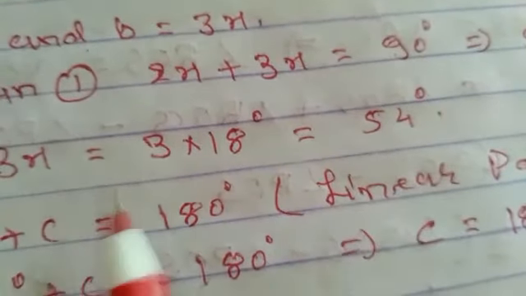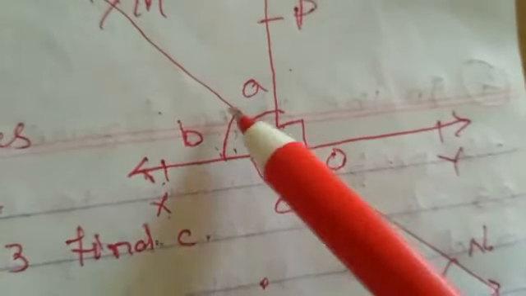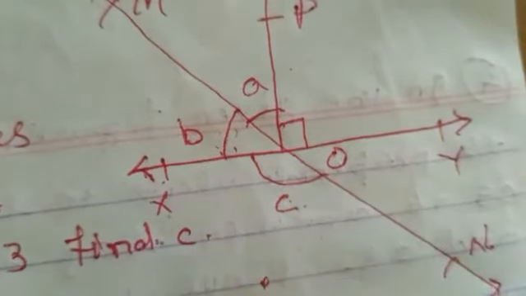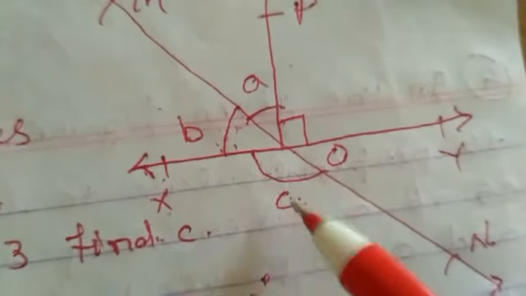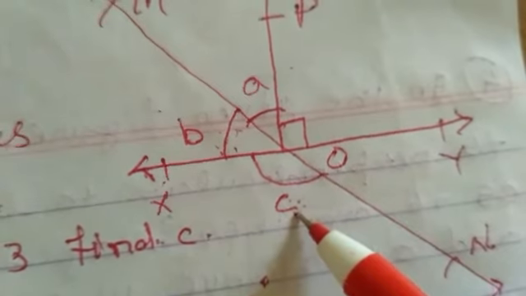And now again you see the figure. As you can see, B and C are a linear pair of angles. These two are angles on the straight line MN, so they are forming a linear pair. And you know that the sum of a linear pair of angles is always 180 degrees.